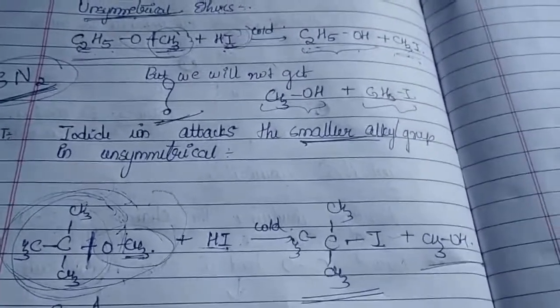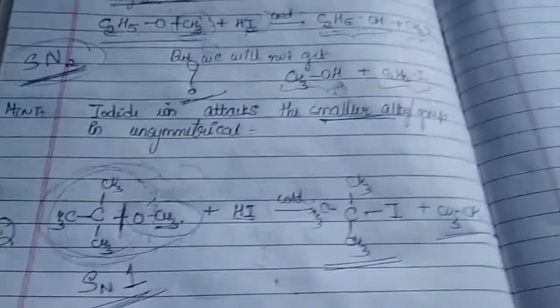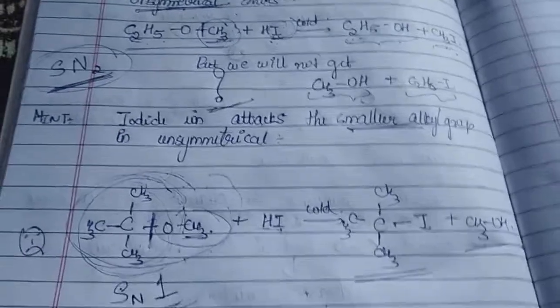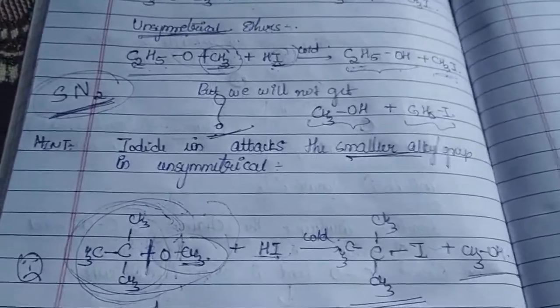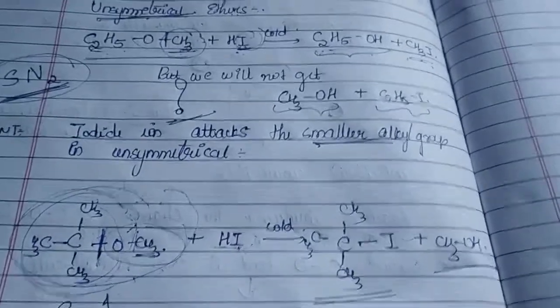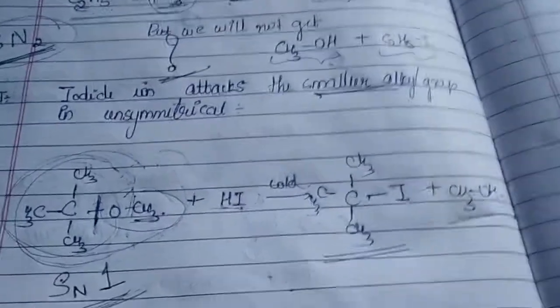In the same unsymmetrical ethers, if you are having a tertiary alkyl group, remember, your iodide ion attacks the tertiary carbocation or the tertiary alkyl group. These are the important things you have to make a key point in ethers.